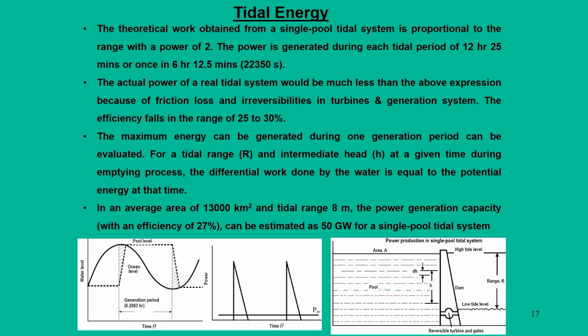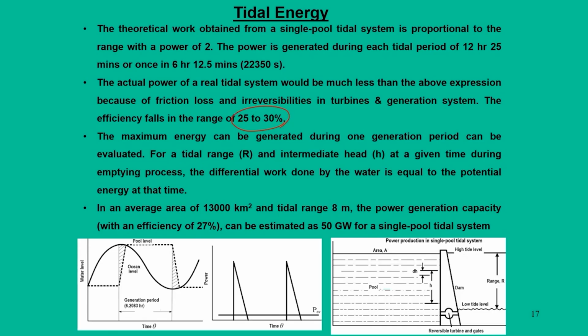Another important inference is that although we get those numbers for the capability of tides at a given location, the average efficiency is in the range of 25 to 30%.